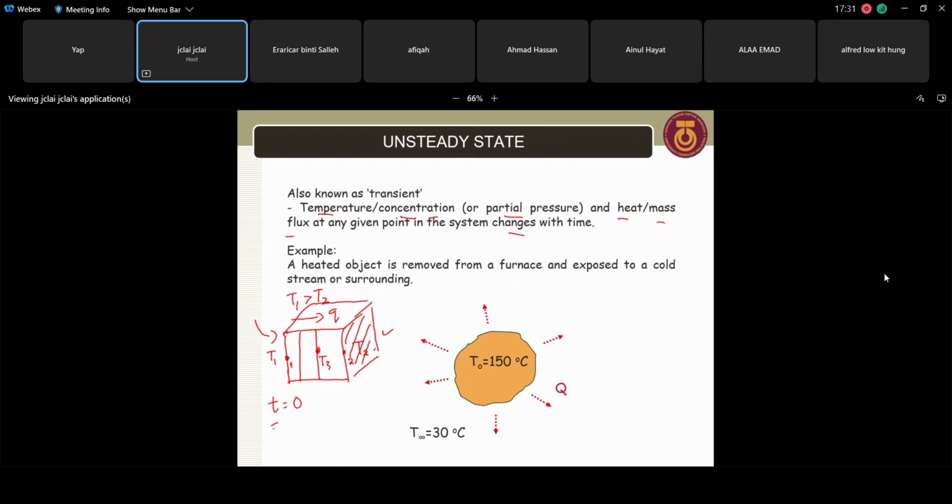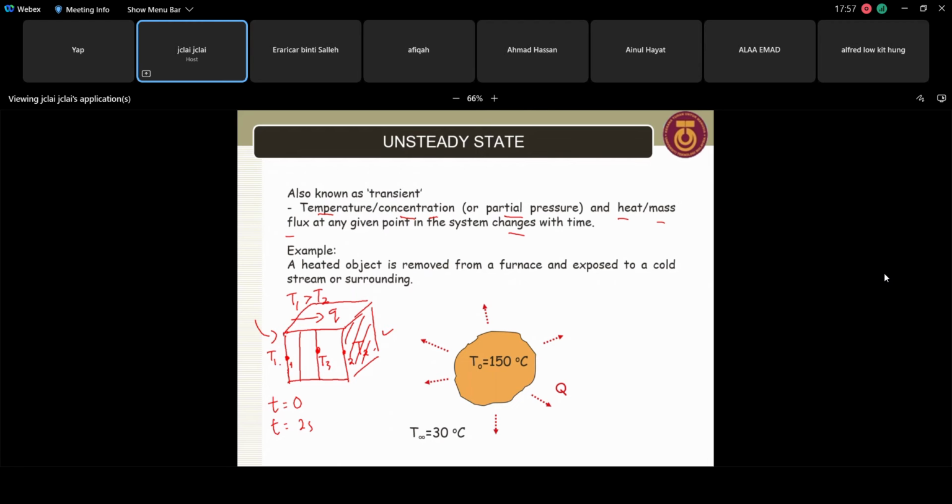But when t is at maybe 2 seconds, because there is no heat supply to this point, or more heat is supplied when you start your stopwatch, the heat supply changes suddenly.